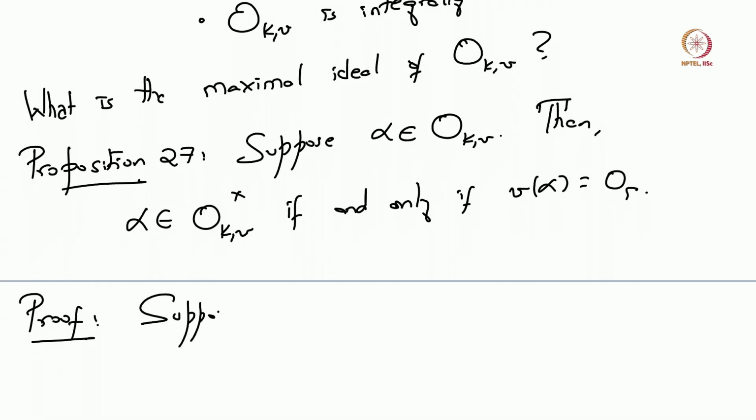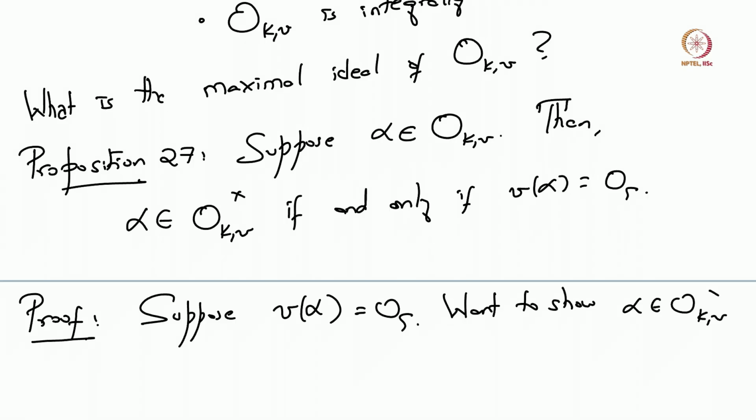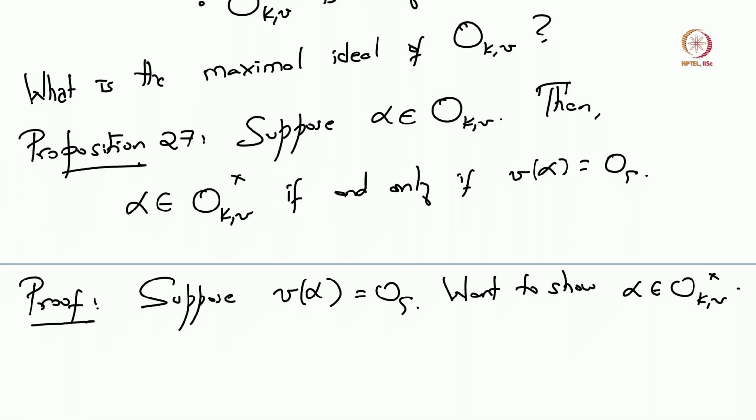So suppose you have an element whose valuation is the identity element of gamma. We want to show this implication, that alpha is a unit. So how do we show that?